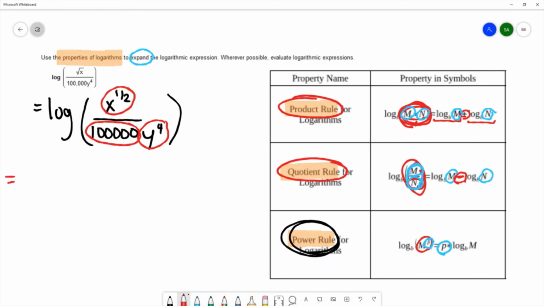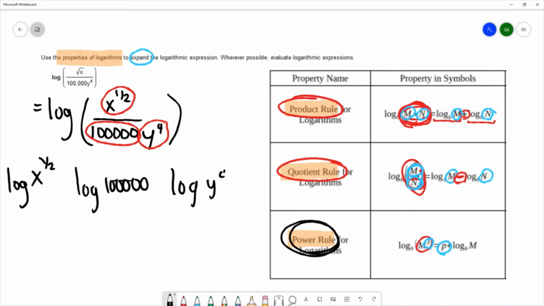So we're going to have log of x to the 1/2, log of 100,000, and log of y to the fourth. And we're going to put pluses and minus signs between these depending on whether the factors came from the numerator or denominator.